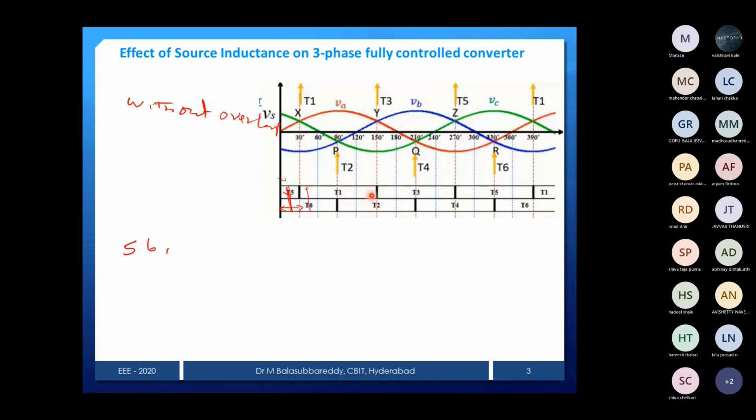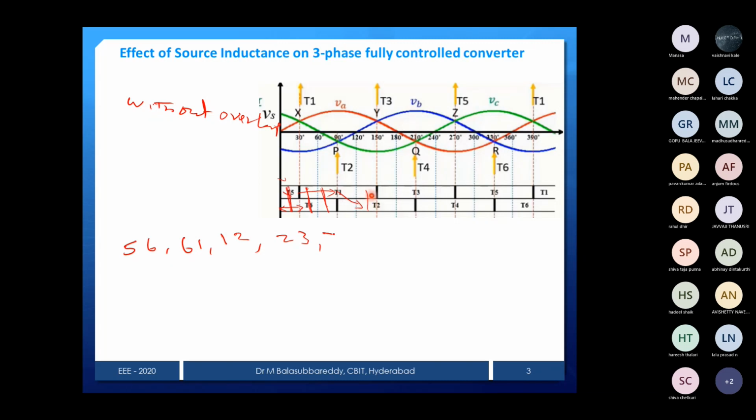Then in this box, 6 and 1. Then next box, 1 and again 6, 1, and here also 6, 1, because it is 60 degrees conduction, up to these two boxes only 6, 1 conducting. Then after that, 1 and 2, again here also 1 and 2. Then 2 and 3.